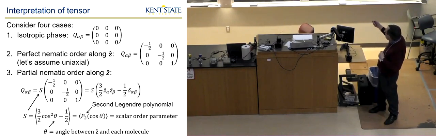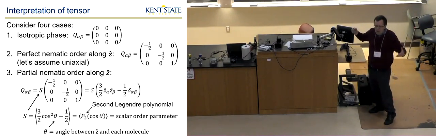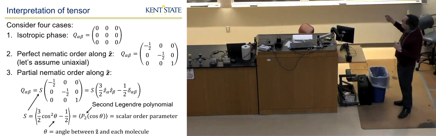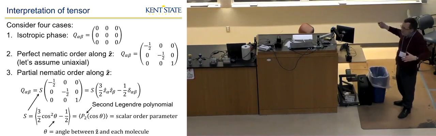You have 3/2 minus 1/2, that's 1. So 1 means perfect nematic order.